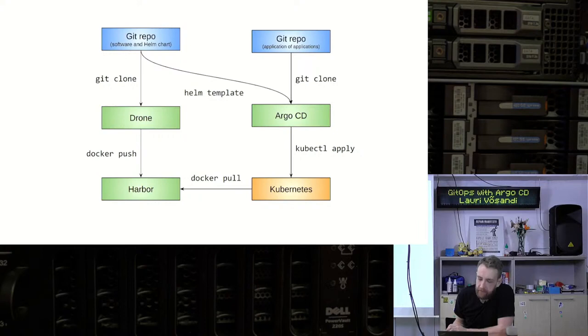So again, there are a couple of different ways to do this, and Helm template is the supporting factor here as well. Very often what you would put in the Helm template is exactly the image tag: the application manifests would have variables for the image tags, and those would be filled in by Argo.